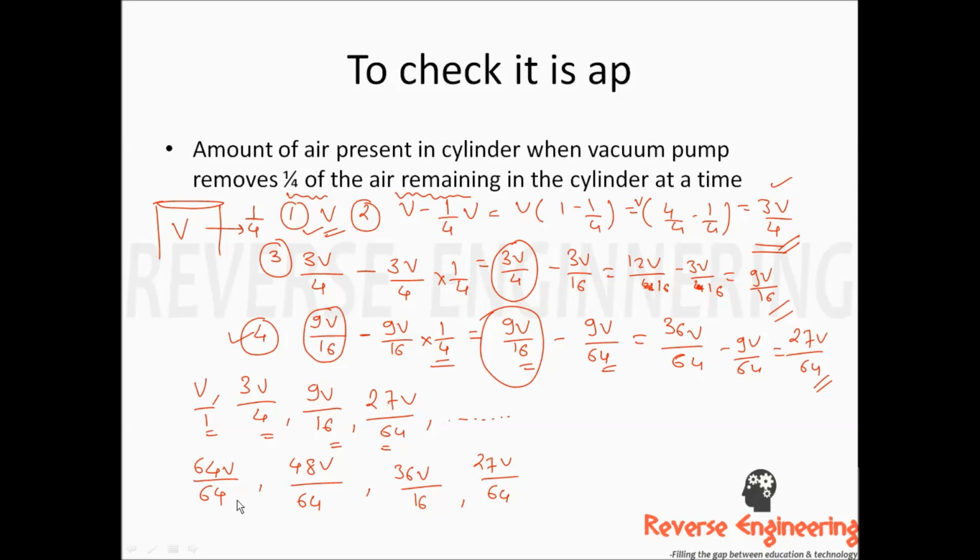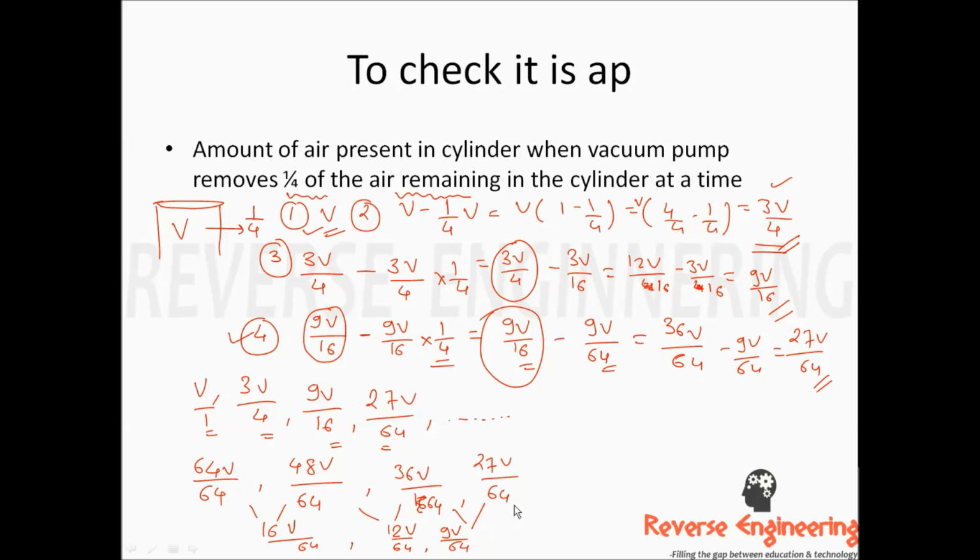Now if we take the difference between all of them, the differences will not be equal. You can see the difference between 64V and 48V is 16V by 64, and then the difference here is 12V by 64, then the difference is 9V by 64.